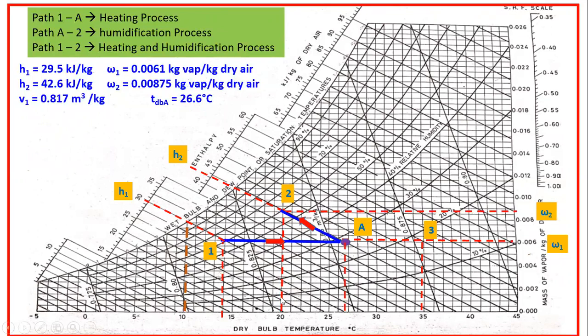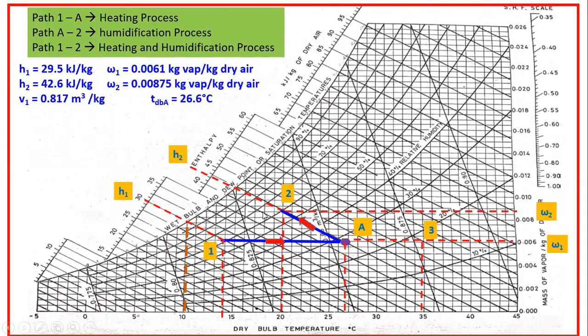So go 20 degree DBT vertically and it should intersect the 60% RH line. So this point is 20 degree DBT and this is 60% RH.